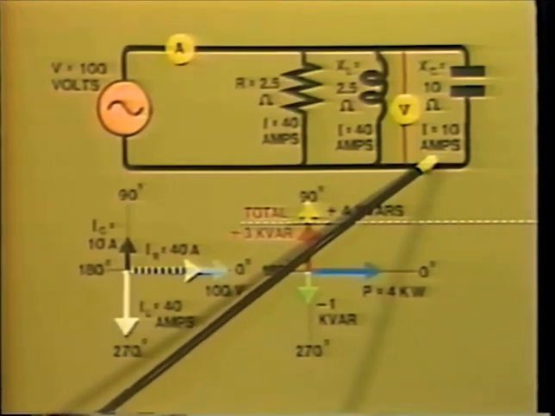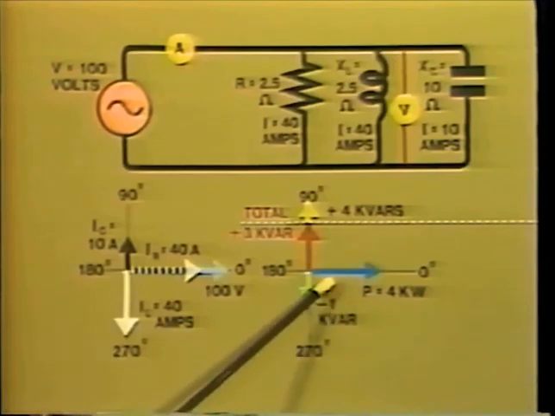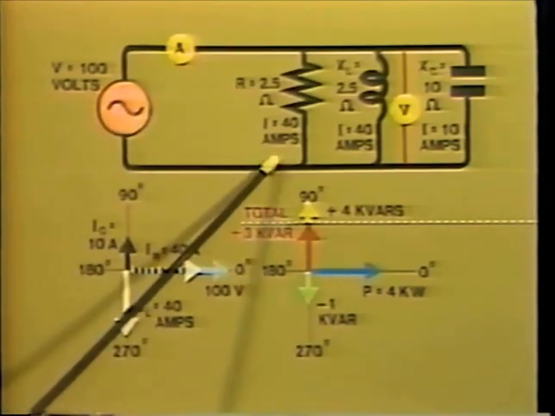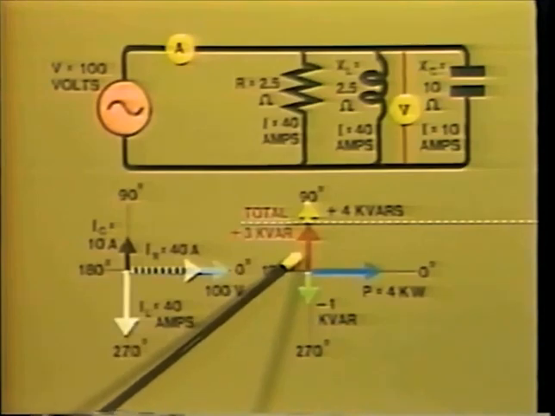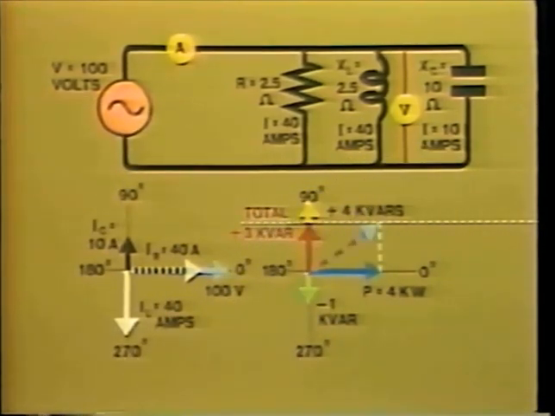As these three currents are out of phase with each other, they cannot be added arithmetically, but they must be added as vectors. As a matter of fact, if we complete the power triangle, that is by adding vectorially the active power, which is volts times active current, and the reactive power, which is volts times reactive current, we will come up with the value, which is volts times combined current.